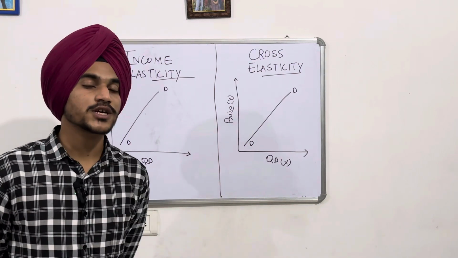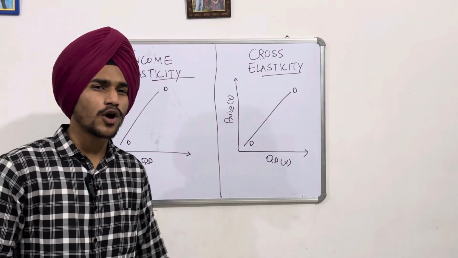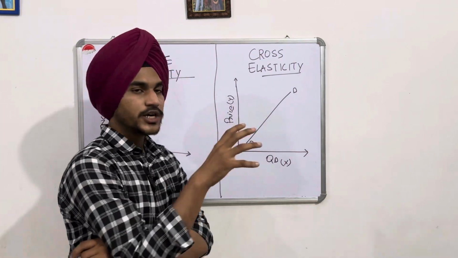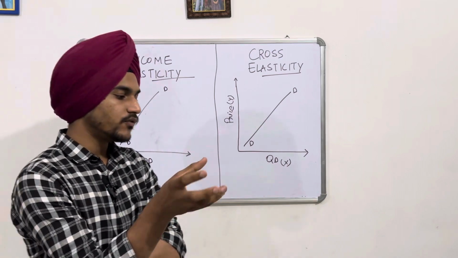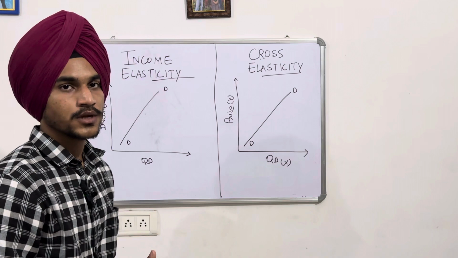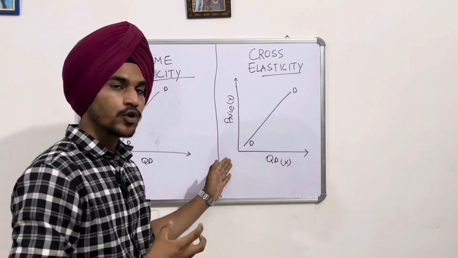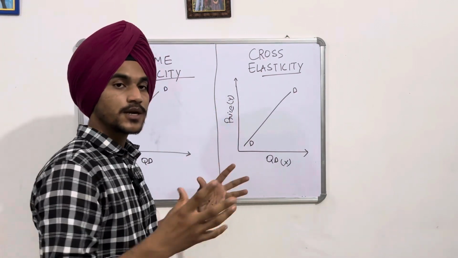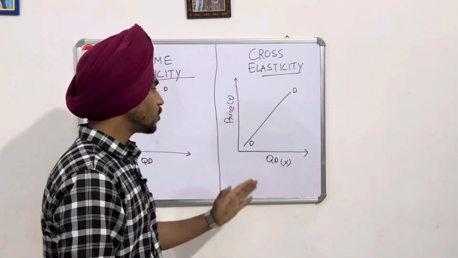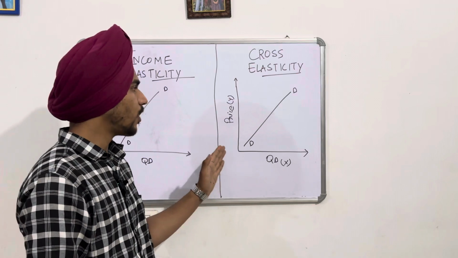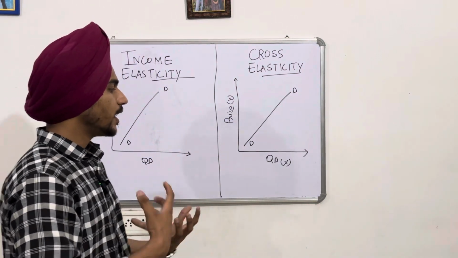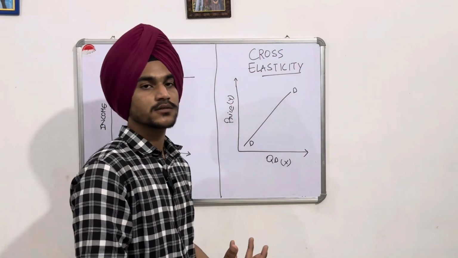Another is cross elasticity of demand. What is cross elasticity? In this, we study the relationship between goods that are substitutes of each other. If the price of good Y increases, then the quantity demanded for good X will increase.